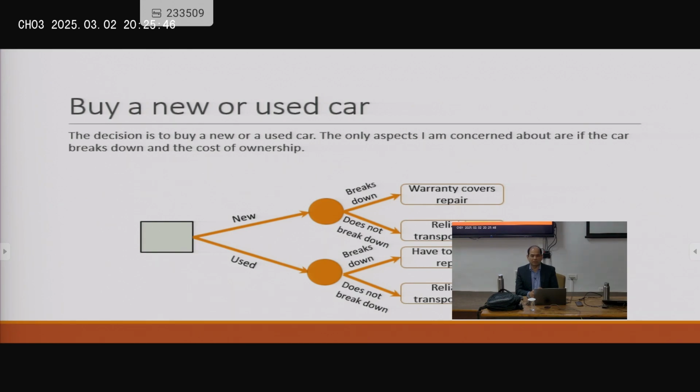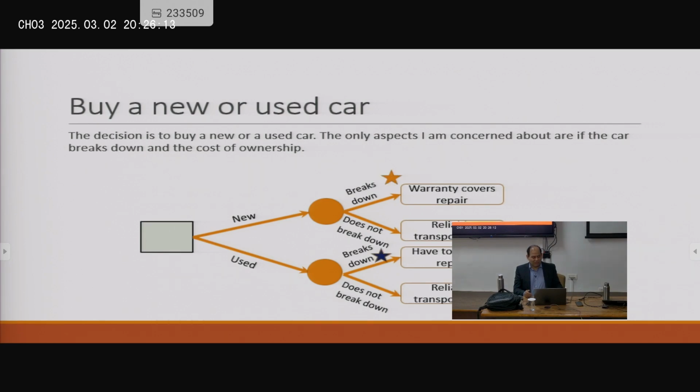Any ideas? How can we make this tree more realistic? Because right now it's just new, used, breaks down, doesn't break down, okay? But that doesn't really cover reality, so to speak. What is the first thing that's missing? Okay, great. Yes, same thing, right?